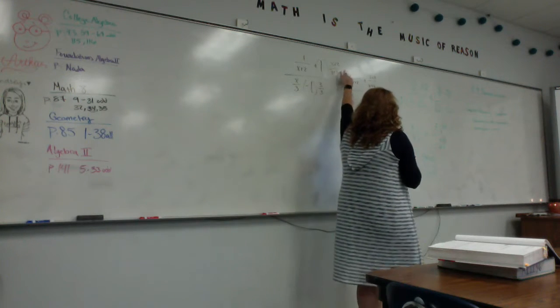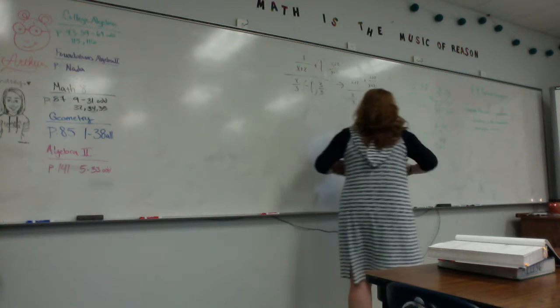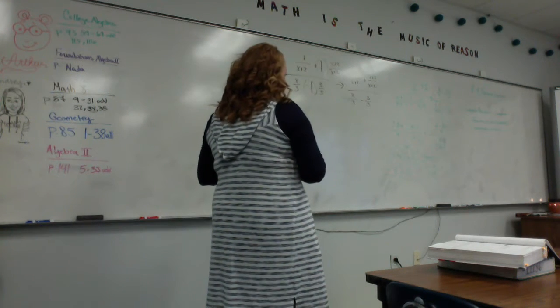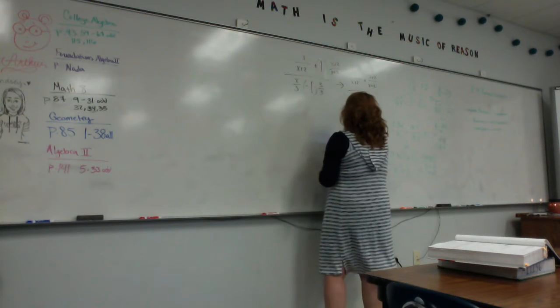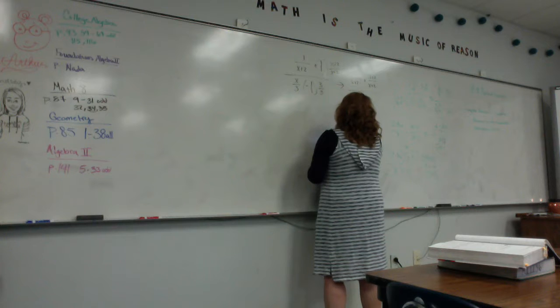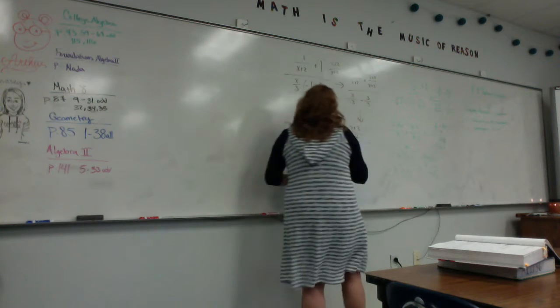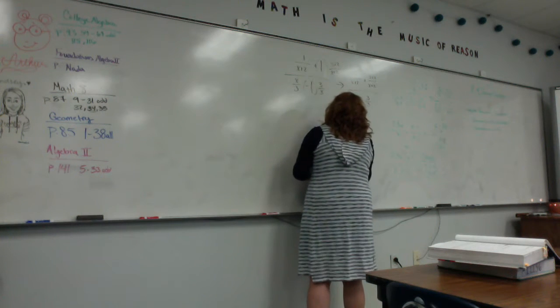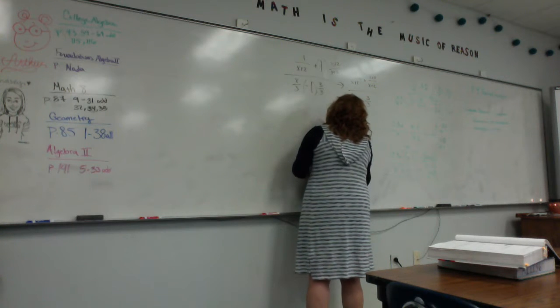Up top I have 1 plus x plus 2, so can I combine any like terms? X plus 3, so up top you end up getting x plus 3 over x plus 2, and on bottom what do you end up getting? X minus 3 over 3.